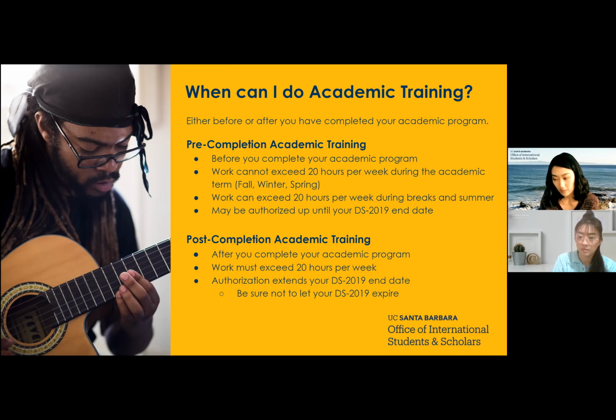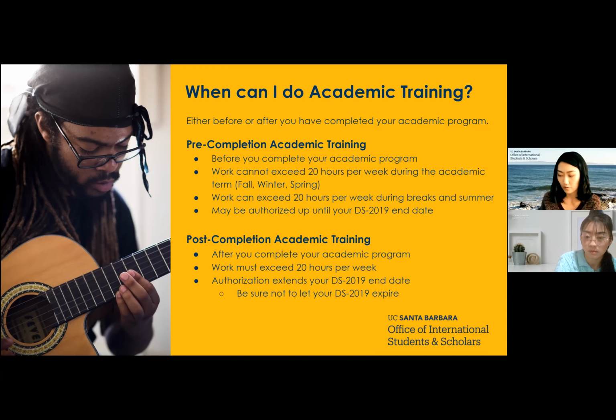For post-completion academic training, it means after you have completed your academic program. In this case, the work must exceed 20 hours per week. And this authorization actually extends your DS 2019 end date. So let's say your DS 2019 and your program was ending on December 18th, 2020.